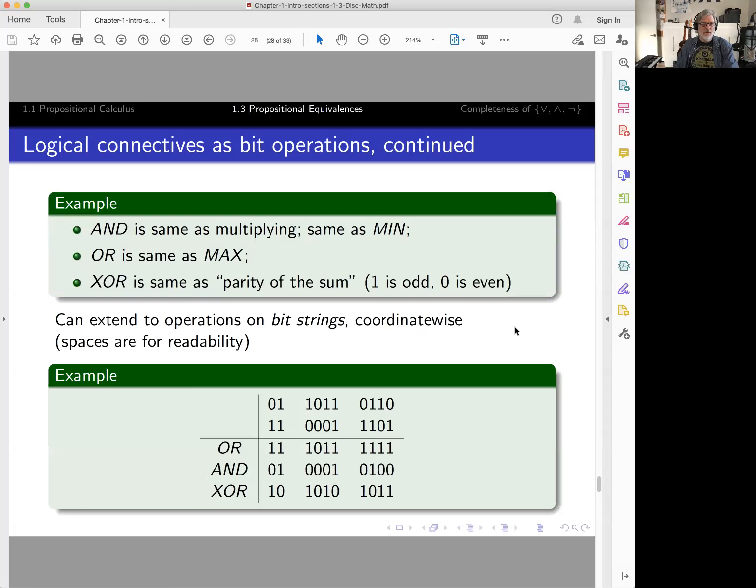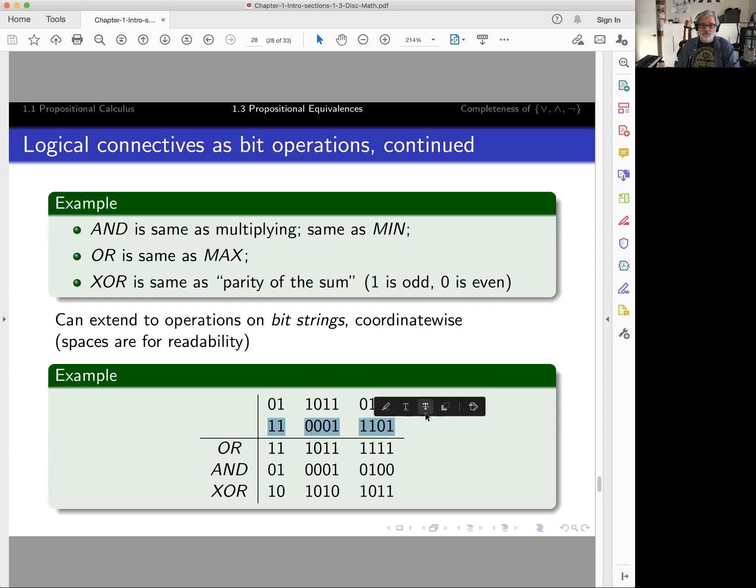That's good. Okay, so that's the definition of, or the reinterpretation of, AND, OR, NOT, XOR on bits. You can also use these on bit strings. If the input is a bit string rather than just a single bit, you can apply these operations on these bit strings coordinate-wise.